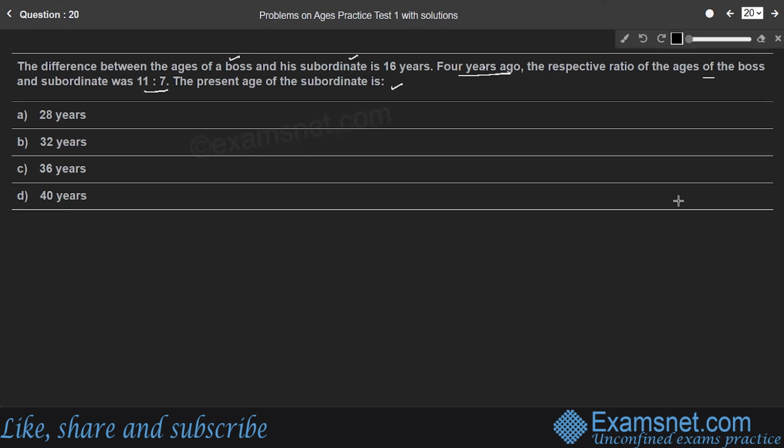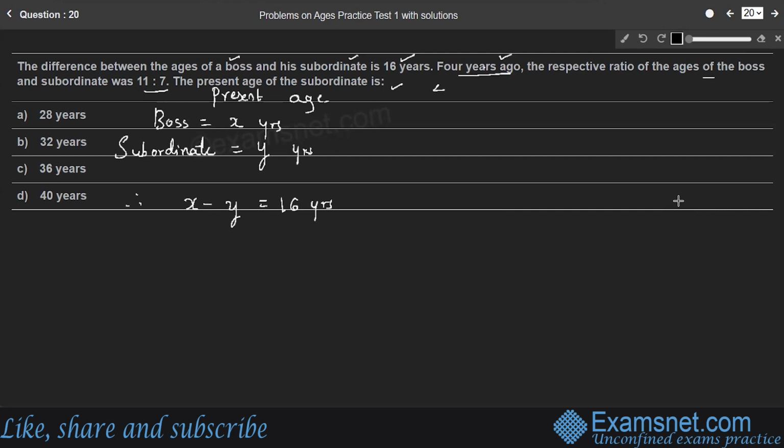So here a student will consider the present age of boss and his subordinate as X and Y years respectively, right? And the difference between their ages is 16 years. Therefore, we can say X minus Y is 16 years, right?